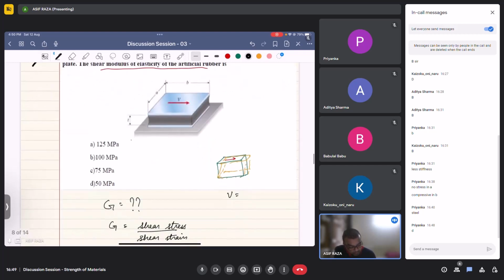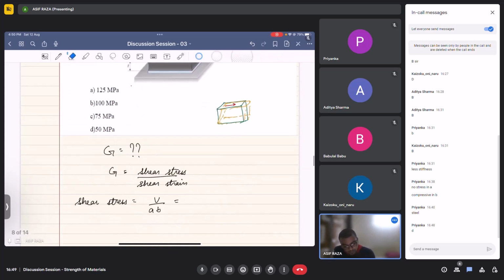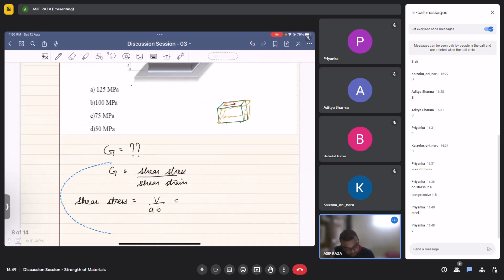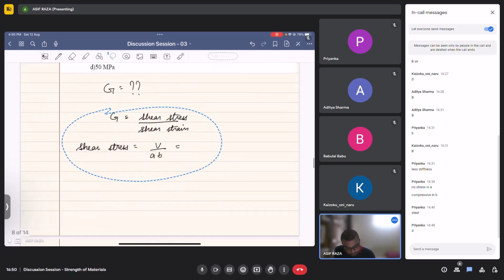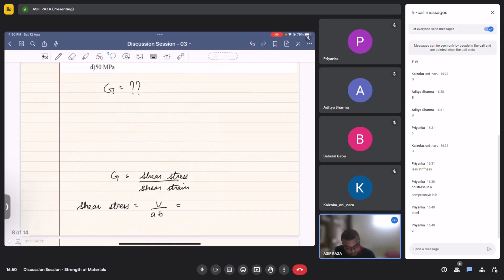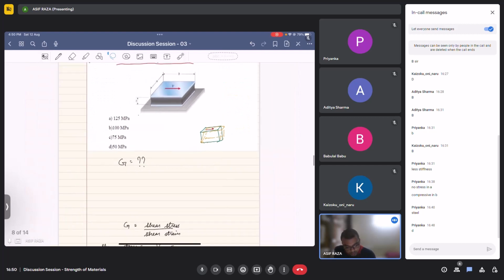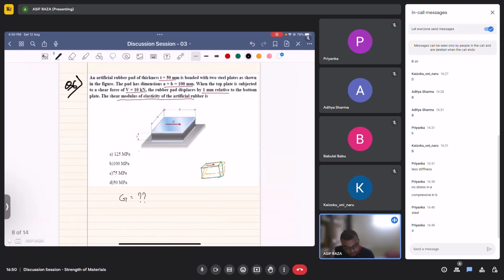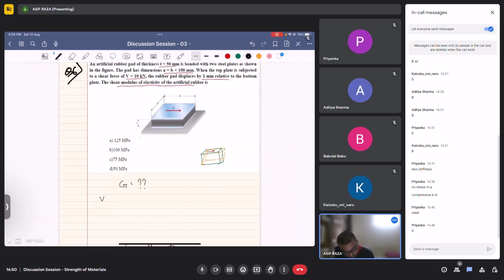We should first write the data which are provided. We are given the force 10 kilonewton, that is 10 to the power 4 newton.